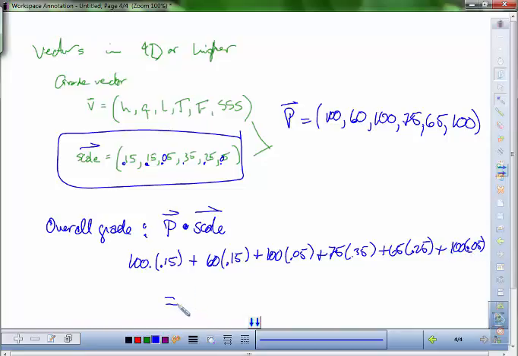So, can anybody calculate this for me? 68.4.